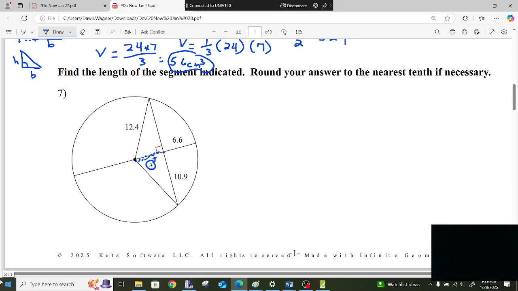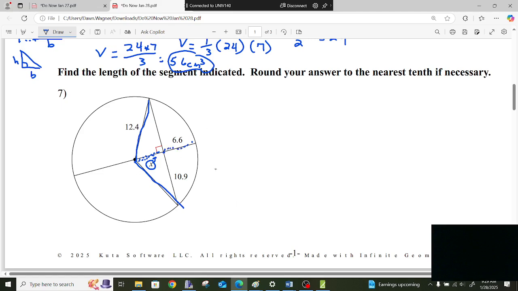What do you know about all radii of a circle? They're the same. So this is a radius, and this is 12.4. This is a radius, so that's 12.4. And guess what? This whole thing is a radius, right?